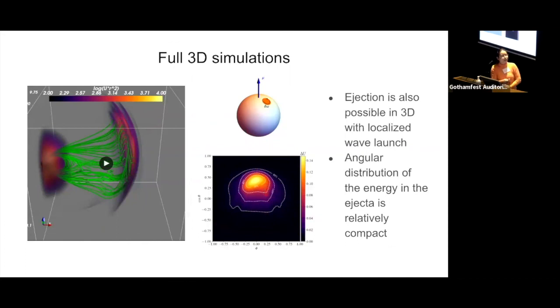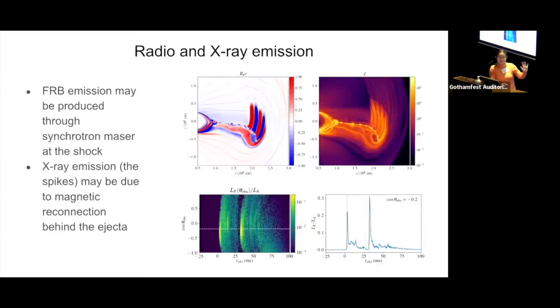Okay, so this kind of ejecta launched from the magnetars can basically produce shocks at large distances. And as we know, there's a mechanism called the synchrotron maser at the shock front that can produce the radio emission. And also we think that in this ejecta process, there can be this current sheet where a lot of magnetic reconnection happens.